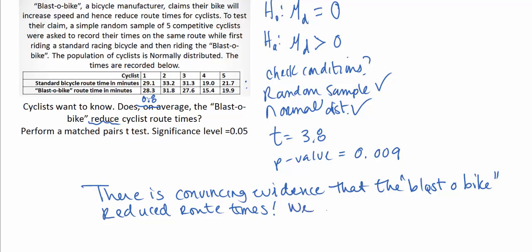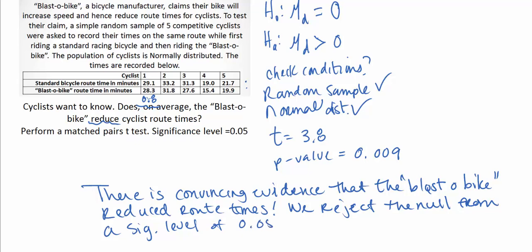And we're going to be able to reject the null from a significance level of 0.05. And in parentheses, I'm just going to include my t-test statistic.